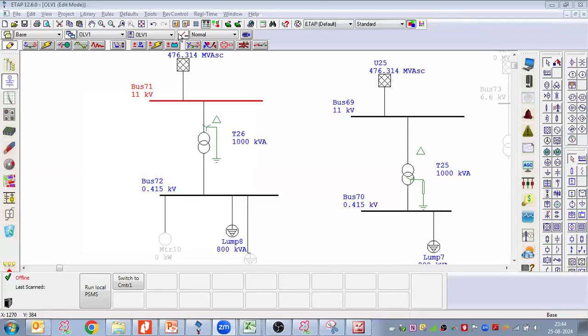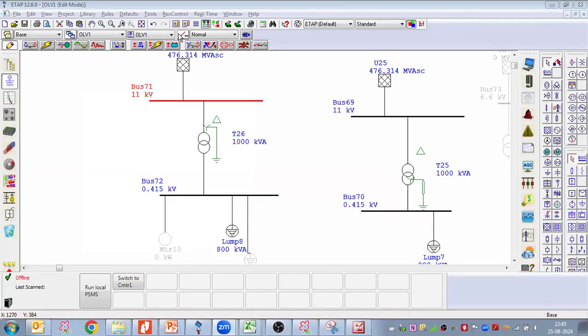There might be small variations due to the C factors or other factors, but there would not be a drastic change between SKM and ETAP, because both softwares utilize the electrical standards. They do not have their own algorithm for the calculations. We just do not want to do all the iterations and calculations ourselves, so we take the help of the software.